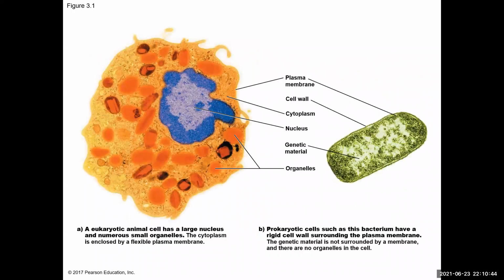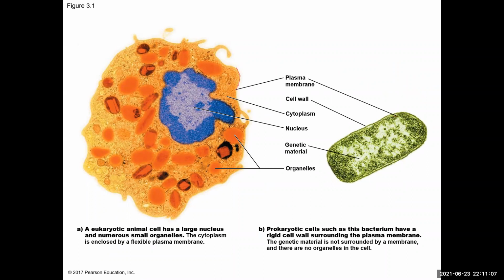So we have a microscopic image here, a micrograph of a eukaryotic cell on the left, prokaryotic cell on the right. And what you can see is you have the plasma membrane. So in the prokaryotic cell, it's right there, okay? Whereas the plasma membrane is this outer area here on the eukaryotic cell.